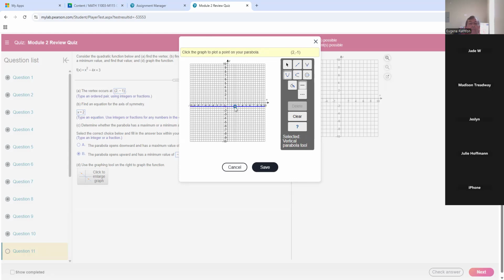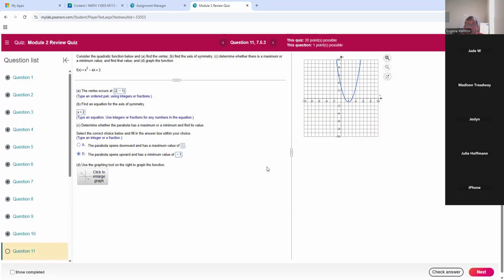And then I can plot any other point, so that'd be 1, 0. There's 1, 0, click. All right, so you only needed 2 points on that, but the vertex had to be the very first one, okay? So then I would save that one. And then that looks like that's it, right?